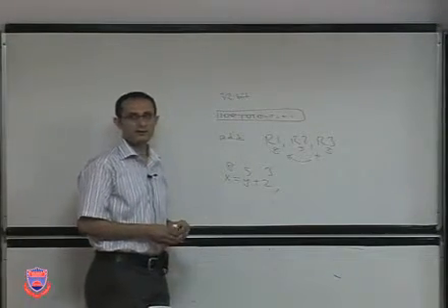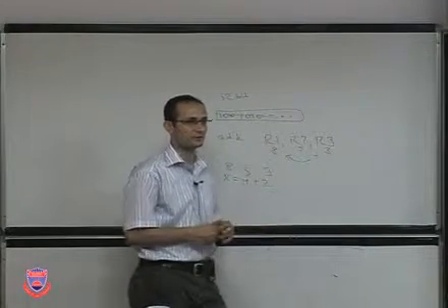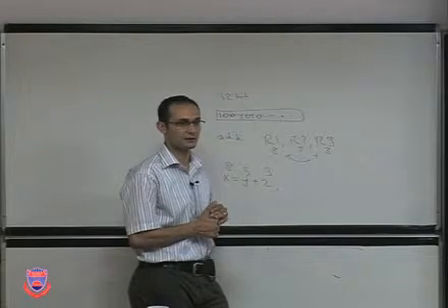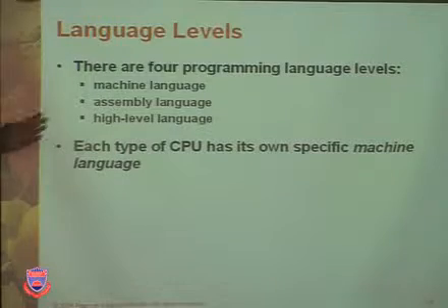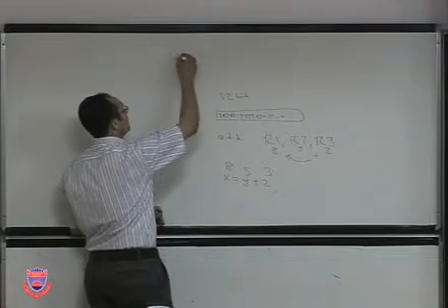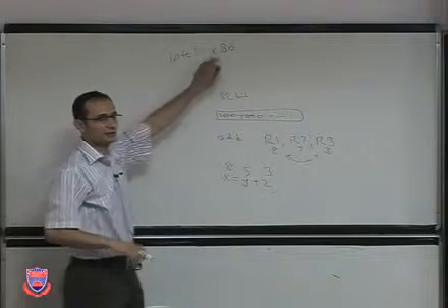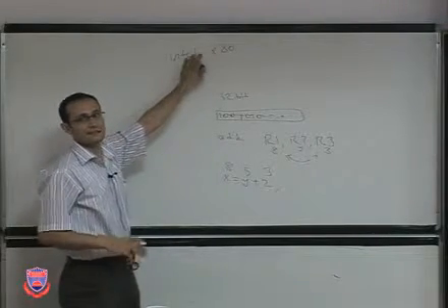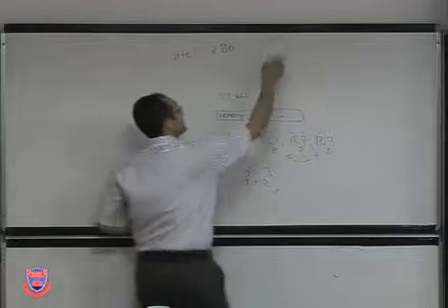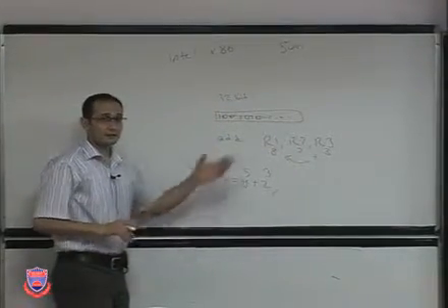Okay? So everything that you write at the end will be converted to ones and zeros so that the processor will be able to execute. Obviously, since this is a machine language, every machine has its own language. So let's say you have an Intel processor, the x86 instruction set architecture has its own language, whereas Sun Microsystems has its own language.